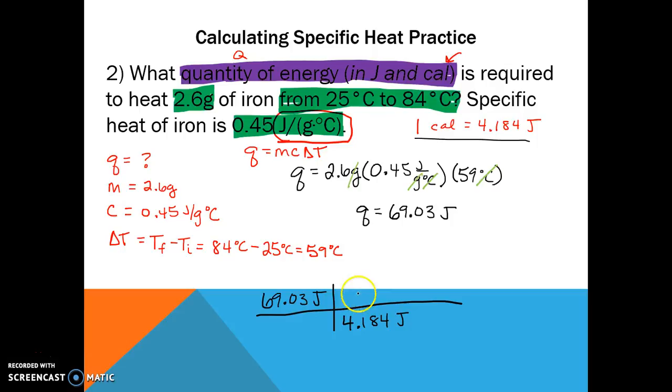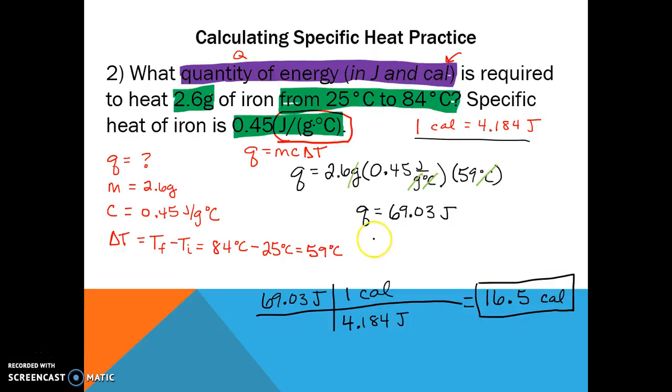And on top is where I'm ending up, so 1 calorie. Then multiply across the top and divide by the bottom. So I end up with 69.03 times 1 divided by 4.184. And that gives me 16.5 calories.